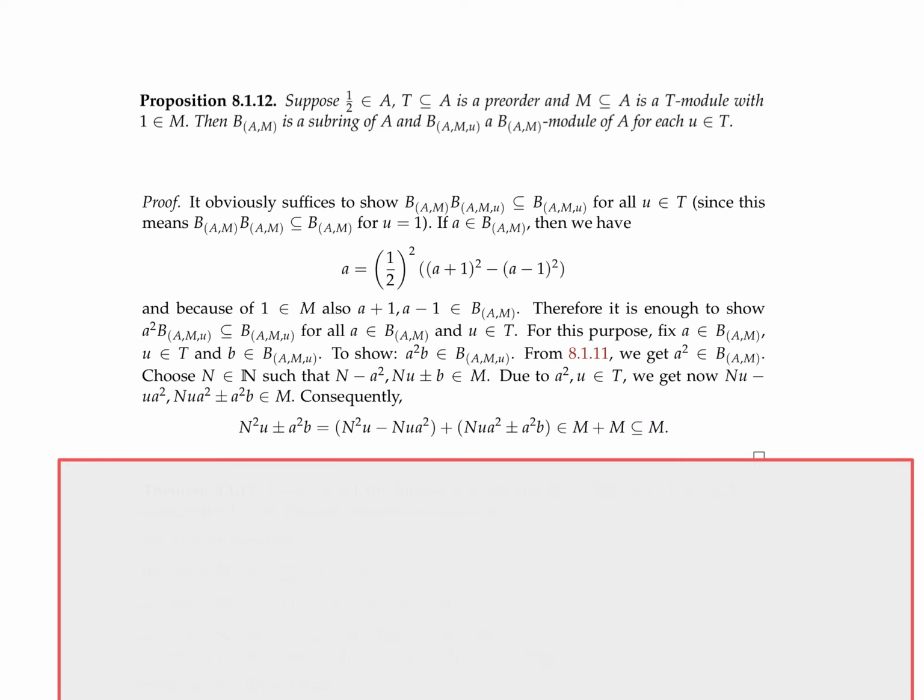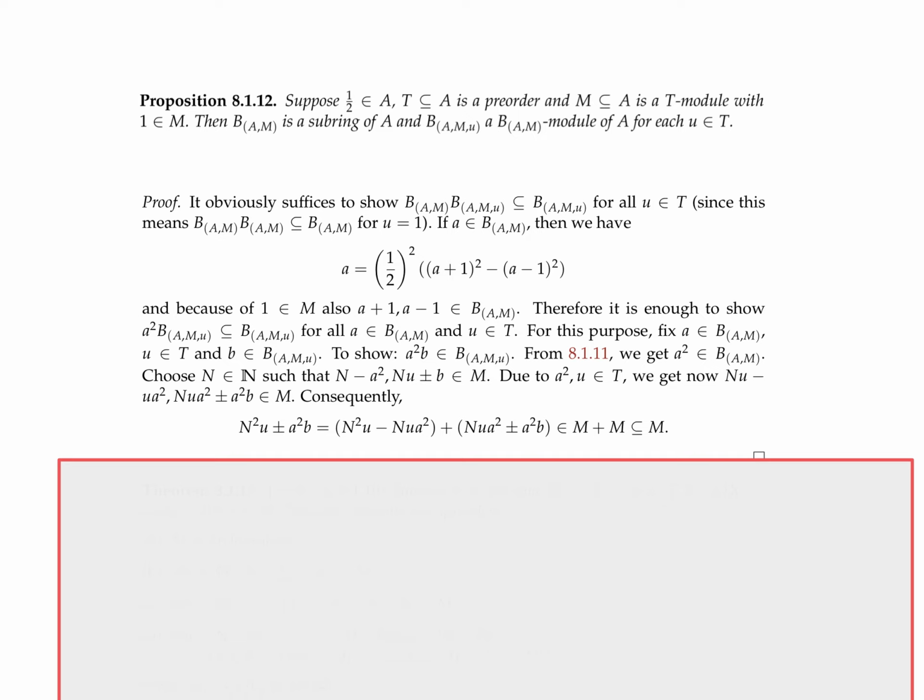Consequently, so now, wrapping everything up, so N squared U plus and minus A squared B. Yeah, we have to show that this A squared B lies in BAMU. We are done if we can show that this lies in M, because N squared is a positive integer.